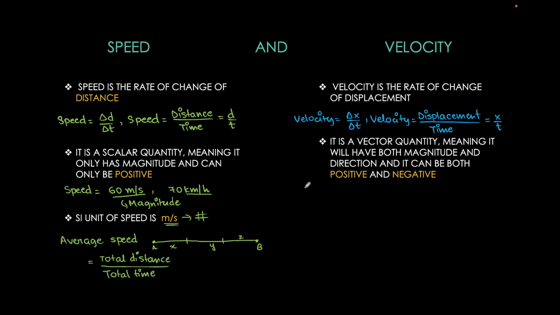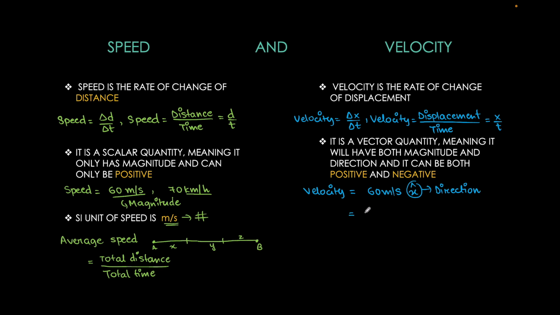Let's say the velocity of a car is 60 meter per second in x direction, right? This x cap represents x direction. So if you see the difference here, the speed is only 60 meter per second, but the velocity is 60 meter per second along with a directional component. This is very important in case of vectors, because all vectors have some direction.